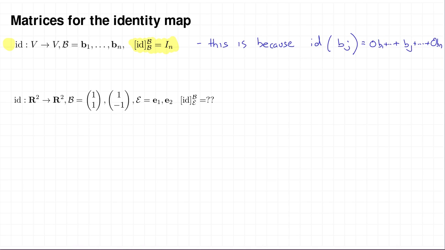It's telling you that the jth column of the matrix of the identity with respect to initial and final basis B is all zeros except for a 1 in position j.